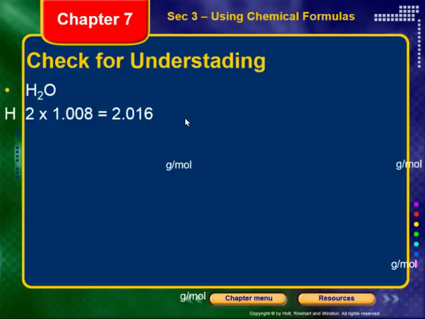So I identify I have hydrogen. I have 2 of them. I'm going to multiply that by the mass I find on the periodic table. Now, different periodic tables are going to have different numbers of significant figures, so the periodic table that you are using in class isn't going to be quite this exact. I believe it has 1 fewer significant figure. Don't sweat that. We're just using a little bit more here.